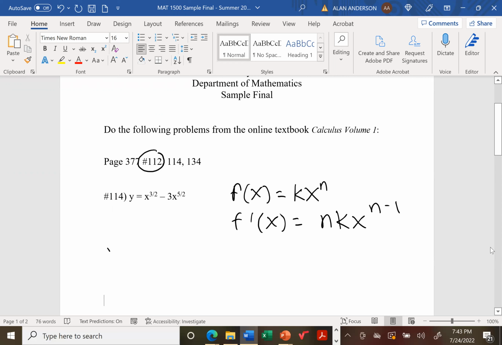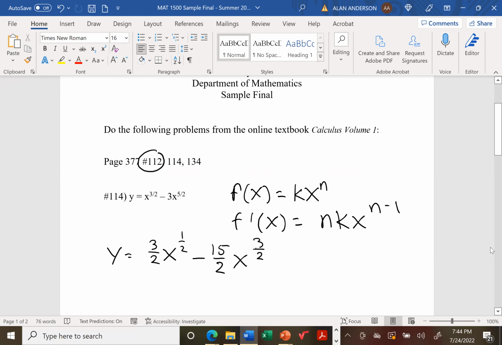So for the first one, we'll have 3/2 x to the 1/2, since when you subtract 1 from 3/2, you get 1/2. And then here, we're going to multiply the exponent of 5/2 times the coefficient of -3. So we're going to have minus 15/2, and when you subtract 1 from the exponent of 5/2, you'll end up with 3/2.